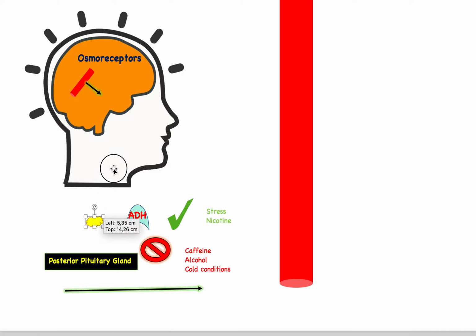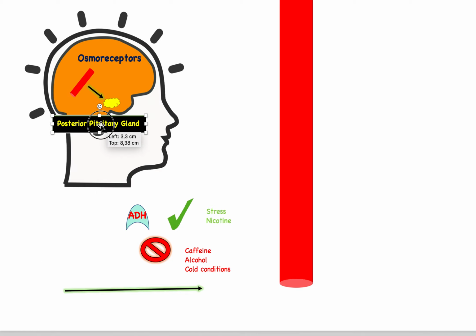to something called the pituitary gland. So this thing right here, it's a little part of the brain. Specifically, it's going to send to the posterior pituitary gland. The pituitary gland has an anterior and a posterior aspect, but in this specific scenario, we only care about the posterior pituitary gland. Once this gland receives a signal from the vessel that we don't have that much water in our vessels, then this gland is going to respond.